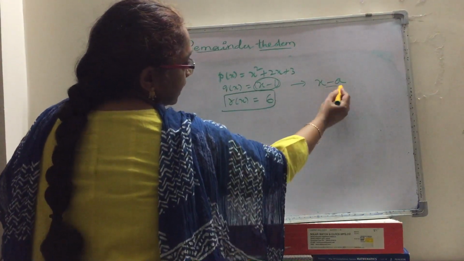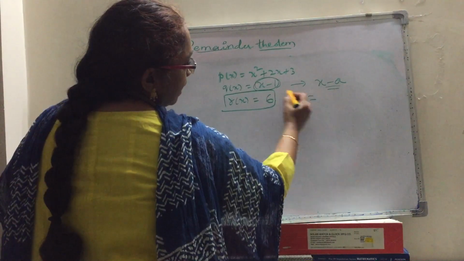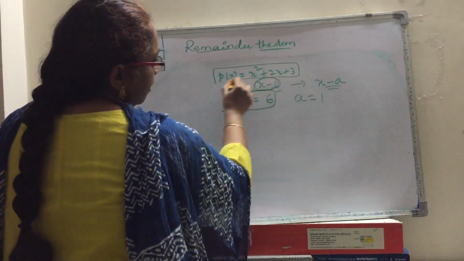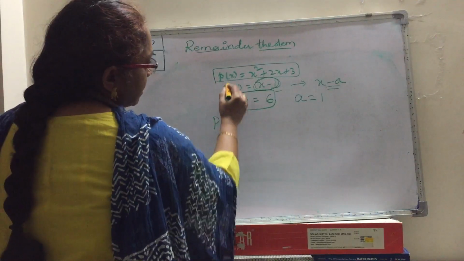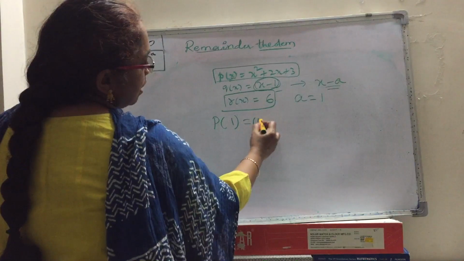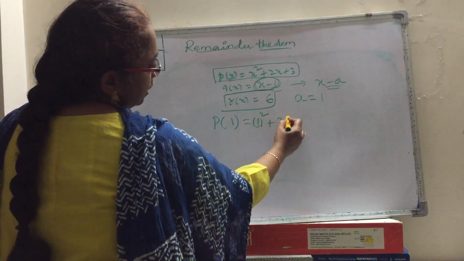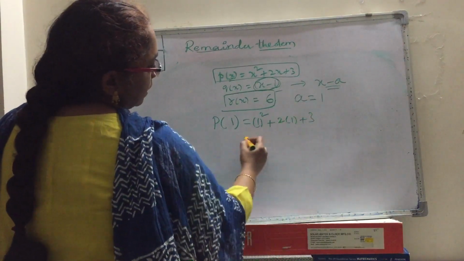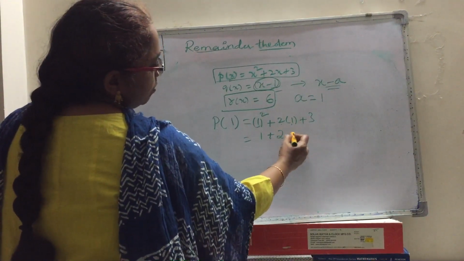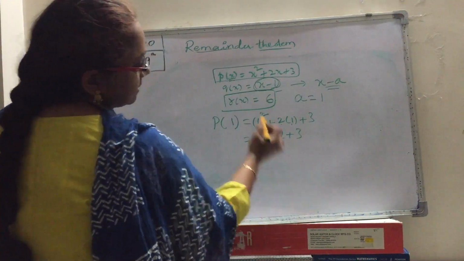If you compare with x minus a, what is in place of a? Here it is 1. So in the polynomial, we have to substitute 1 in place of x. So P of 1 is equal to 1 square plus 2 into 1 plus 3. That is 1 square is 1, 2 into 1 is 2, plus 3. How much is it? 6.